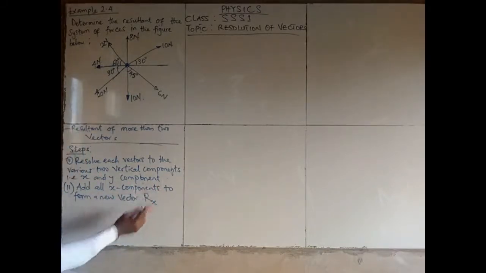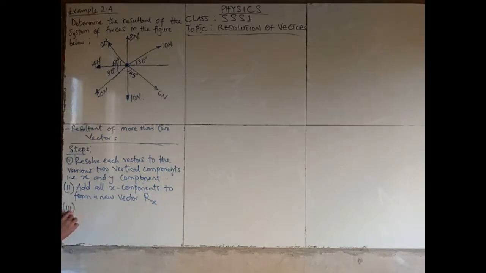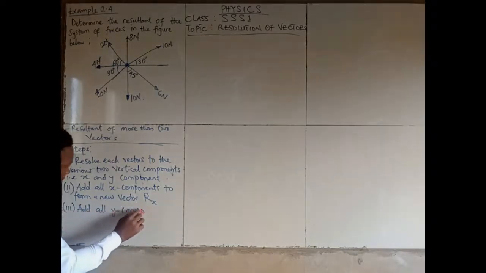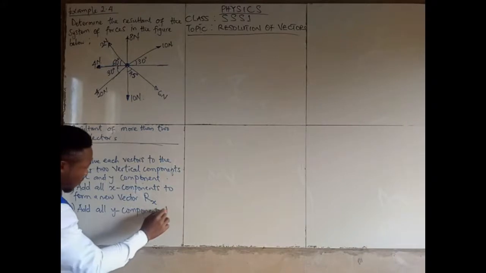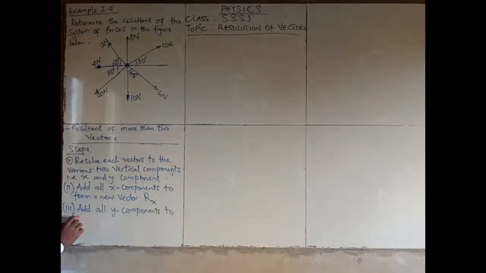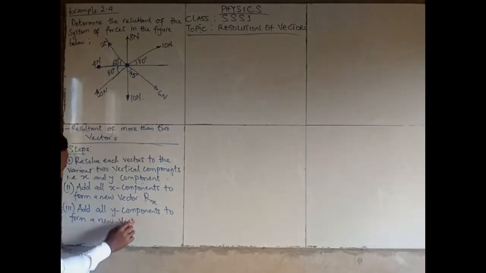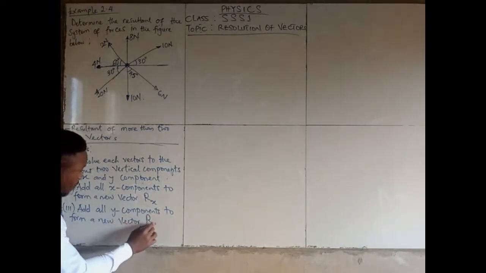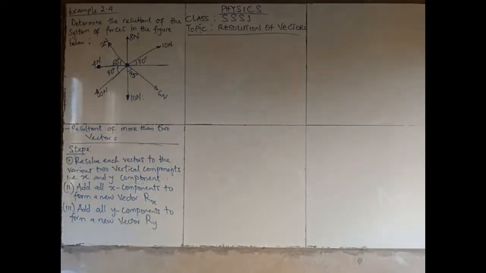R implies the resultant vector we are looking for. And thirdly, add all y components to form a new vector Ry. Once you do that, you can then determine the overall resultant that we are looking for.